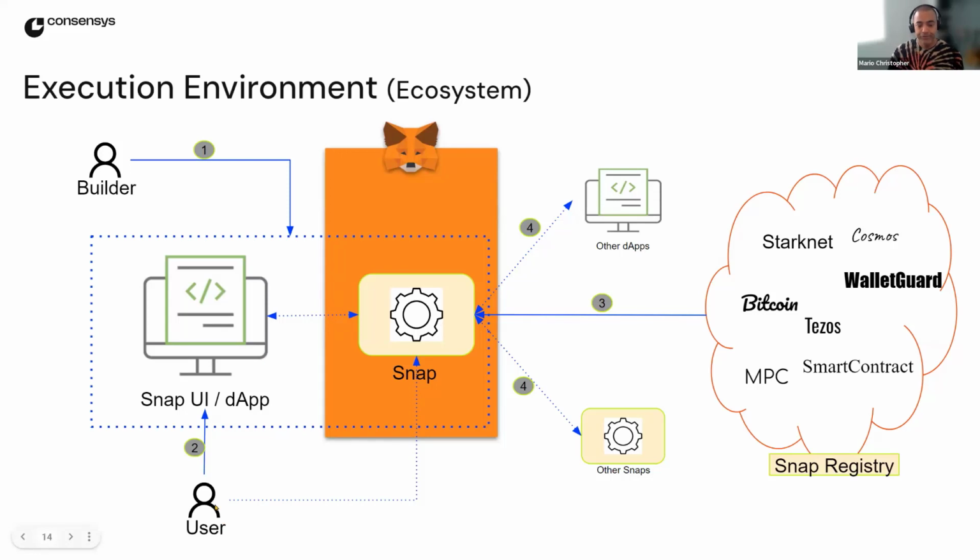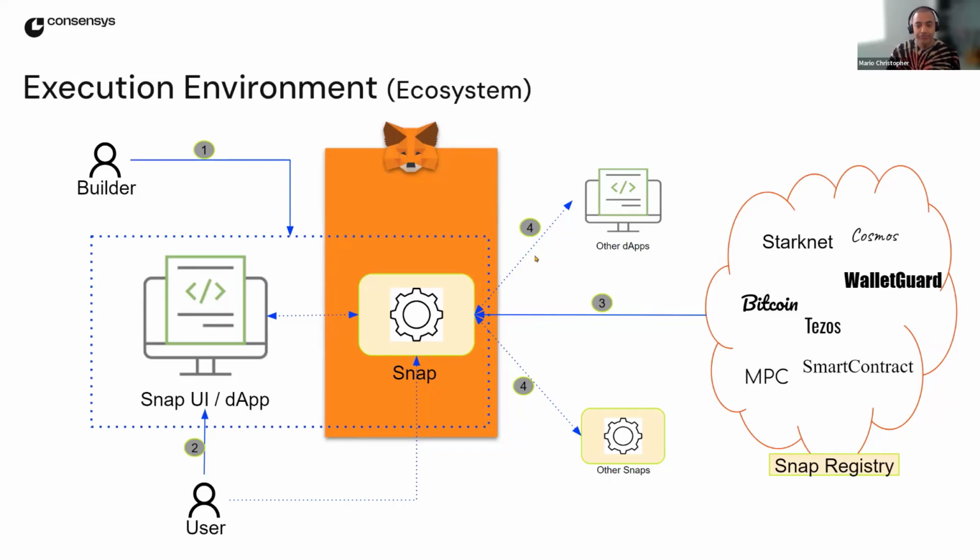Then a user comes into the picture and goes to your DApp. The user says, I like this DApp, I like the features that this DApp provides. And therefore the user interacts with the DApp and installs the snap within their MetaMask wallet. So that is stage 2. And now the stage is set for the developer having a snap and the user using it.